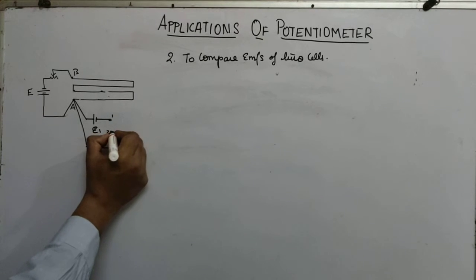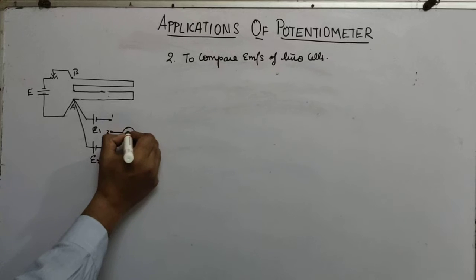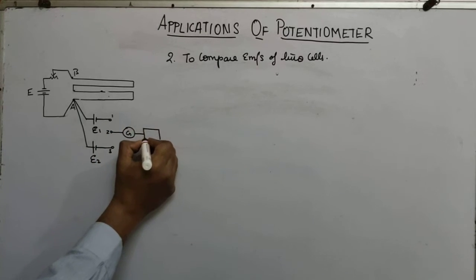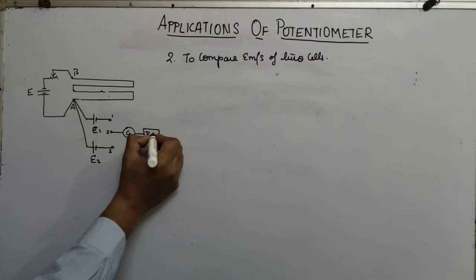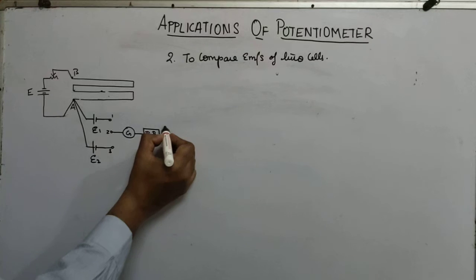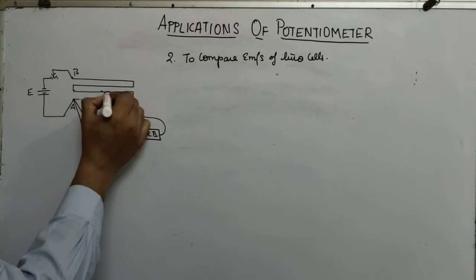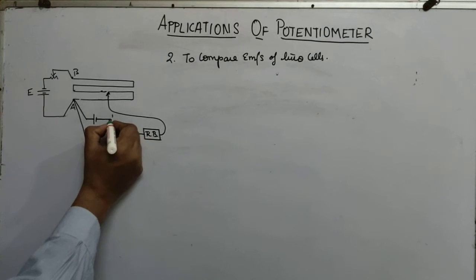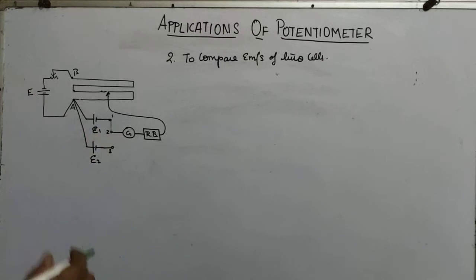From the middle terminal of this two-way key, we connect to a galvanometer. The galvanometer is connected to a resistance box, and then the resistance box is connected to a jockey. The very first thing we will do is connect 1 and 2, but we will not connect 2 and 3.